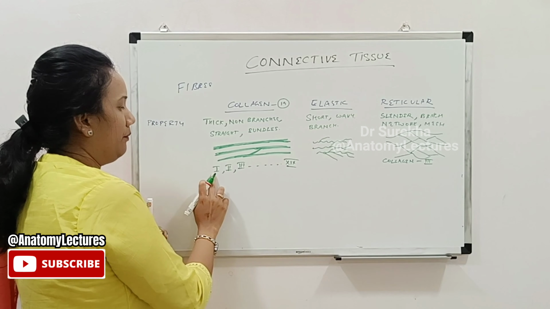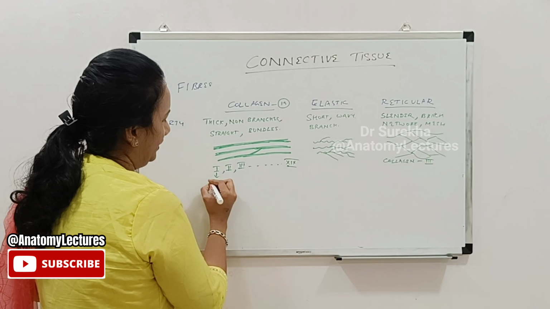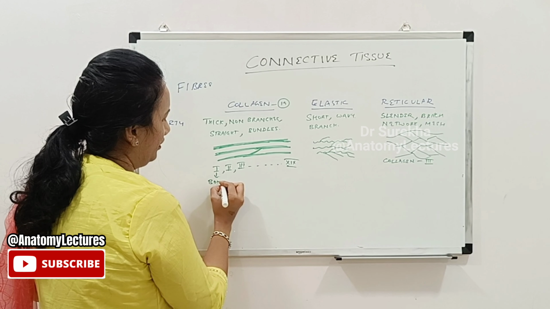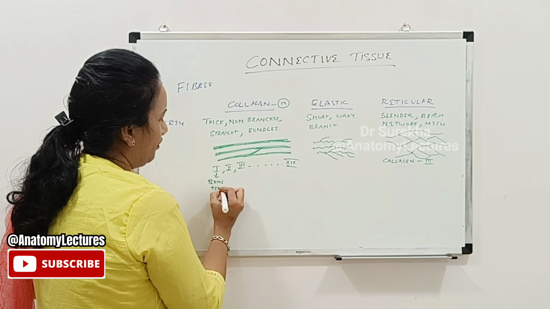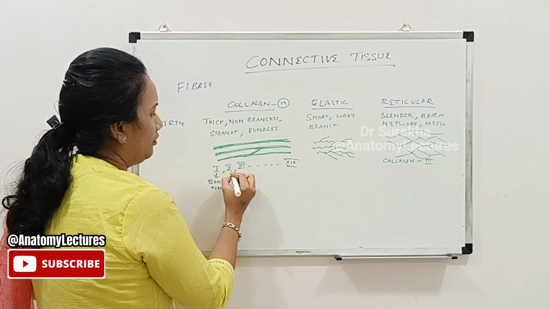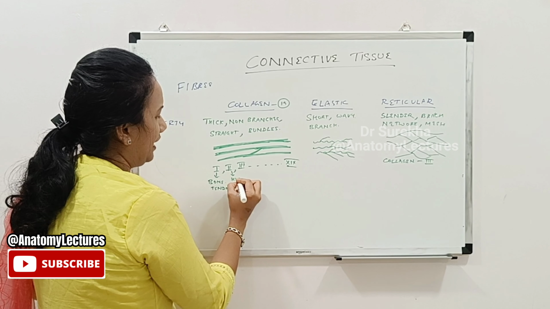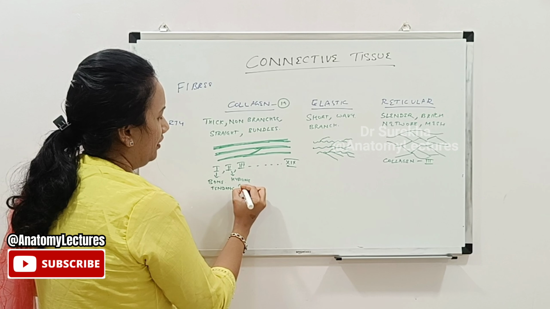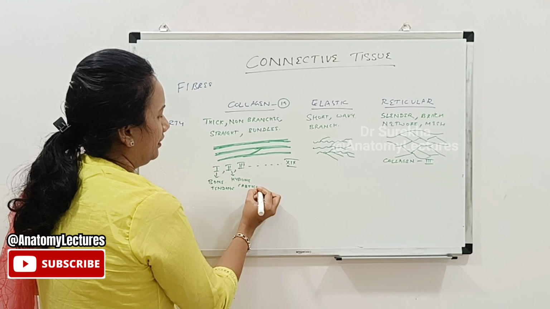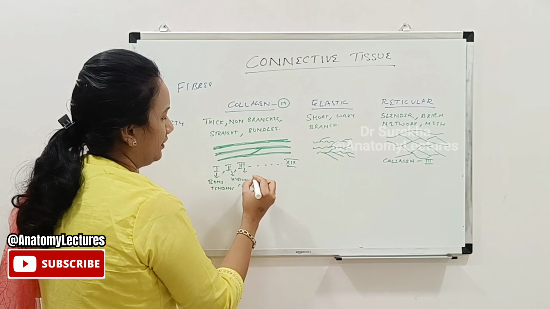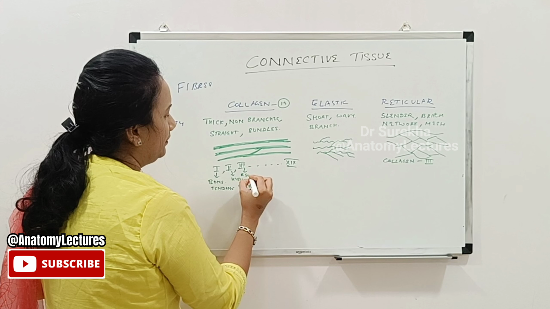Where is type 1 collagen fiber present? It is present in the bone and in the tendons. Type 2 collagen fiber is present in the hyaline cartilage, and type 3, as I told you, forms the reticular fibers.